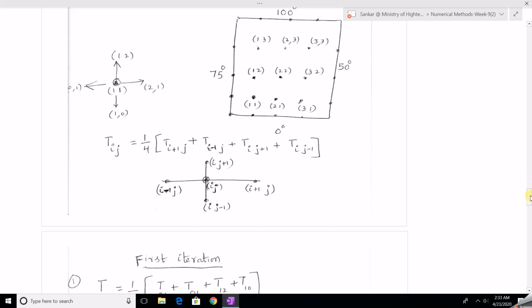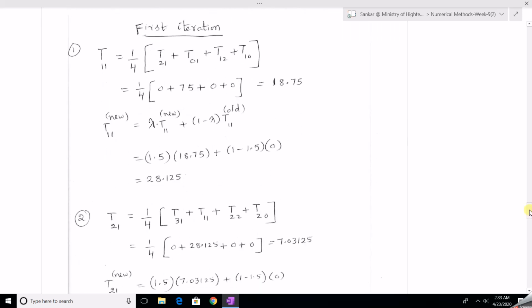Let me write that formula. T21 is equal to 1/4 times the next point along the x-axis T31, plus the previous point along the x-axis T11, plus T22, the point above along the y-axis, plus T20, the point below along the y-axis.